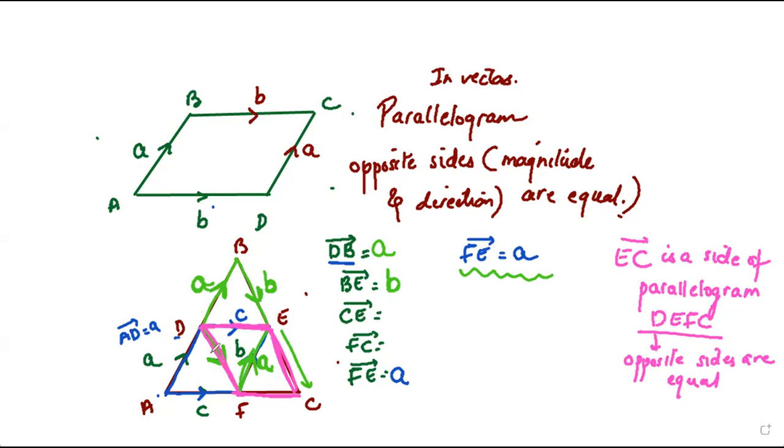So D to F is in this direction, so E to C will be in this direction as well. So if vector D to F is B, that means vector E to C will also be B.